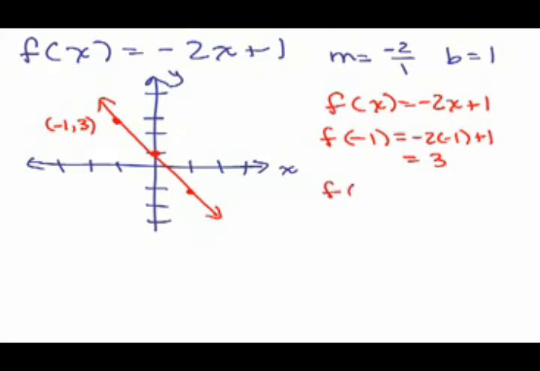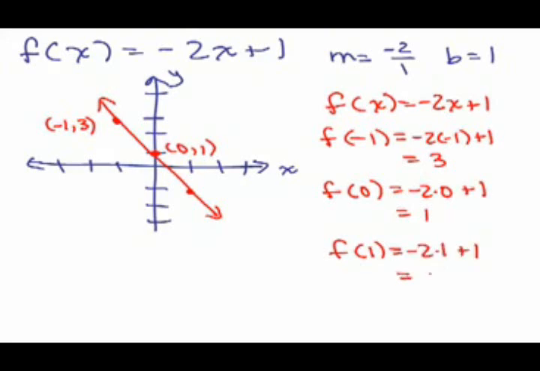Okay. If I plugged in 0 for x, I get 1. So that's the ordered pair (0, 1) right here. And if I would have plugged in 1, I would have negative 2 times 1 plus 1. That is going to be negative 1, and that's right here, the ordered pair (1, negative 1).